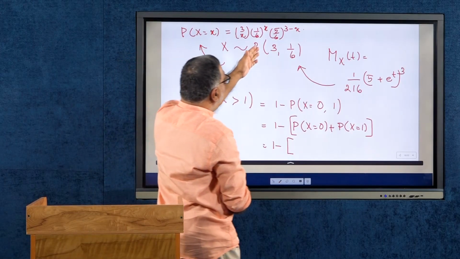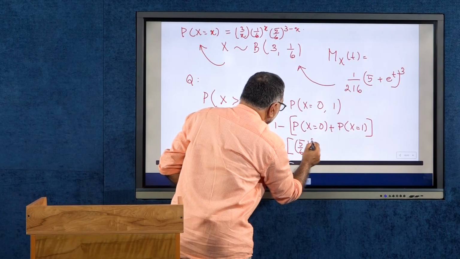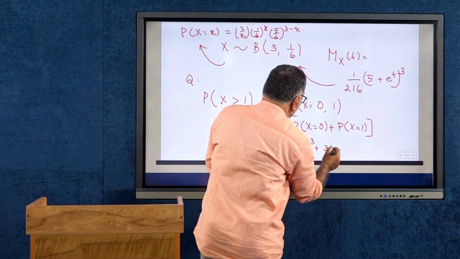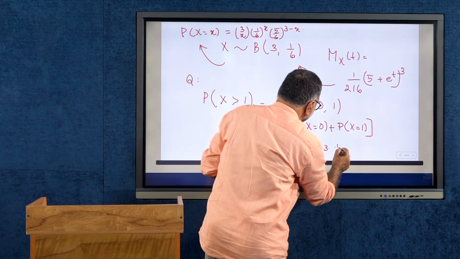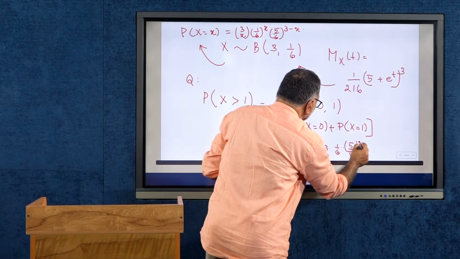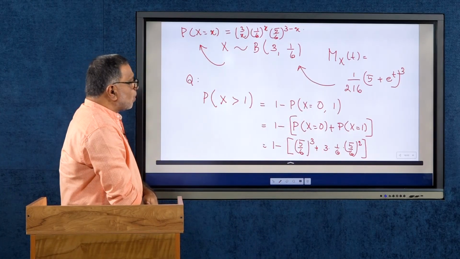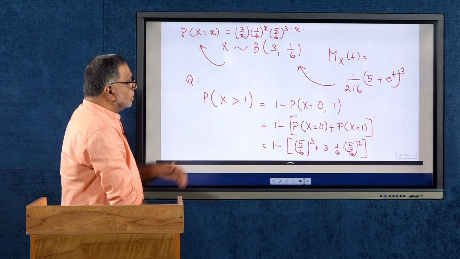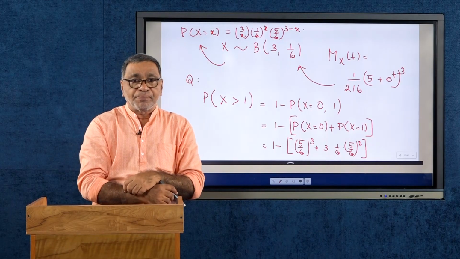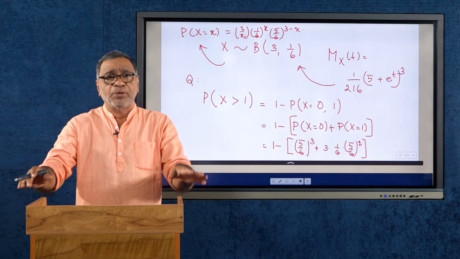Substitute here, it is (5/6)^3 plus the probability of X is equal to 1, which means 3 into 1/6 into (5/6)^2. So, the probability of X greater than 1 is equal to 1 minus [(5/6)^3 + 3 into 1/6 into (5/6)^2]. Simplify the expression, you will get the probability.